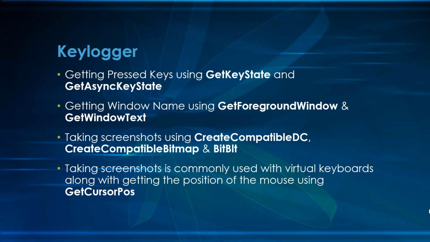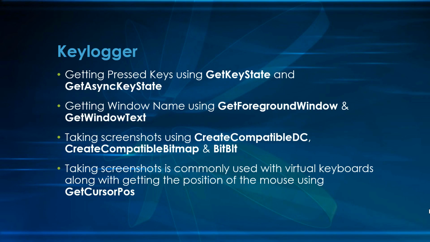Also the window title, because sometimes all the applications are Chrome, all the websites are in the Chrome browser, but you can see in the window title, when you choose the Gmail tab, that "Gmail login account" or something like that is written in the title. So you will know that these keystrokes are being written inside the Google login account page, and that this is the username and password being typed.